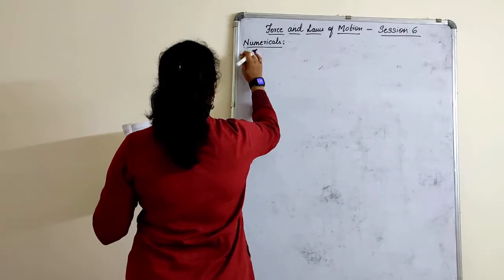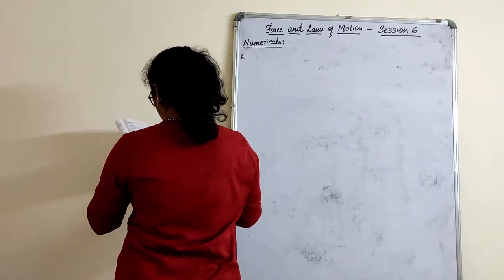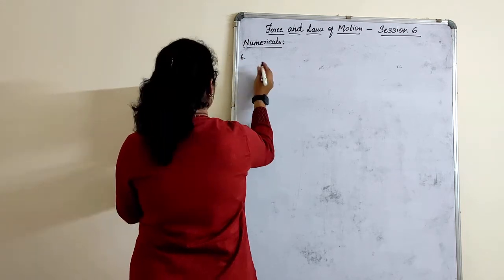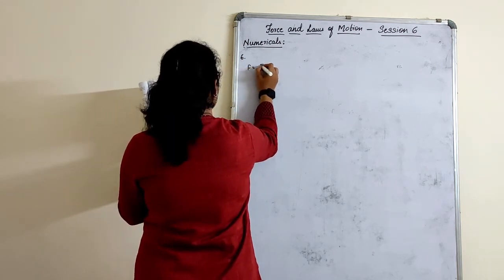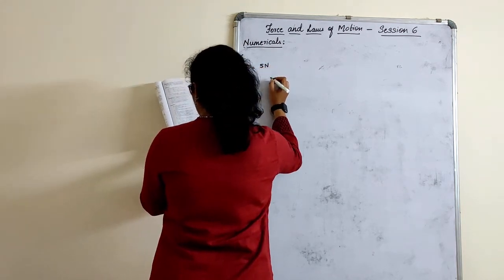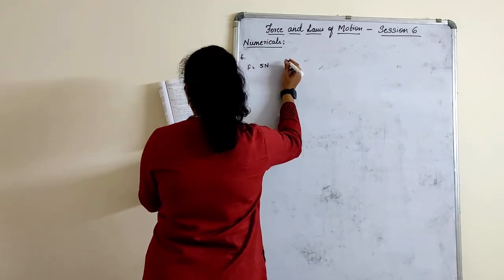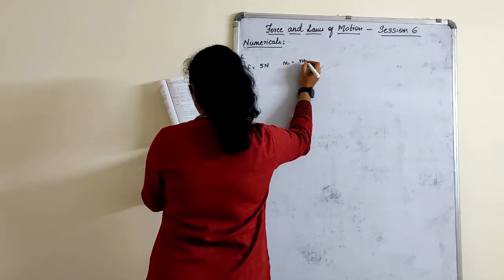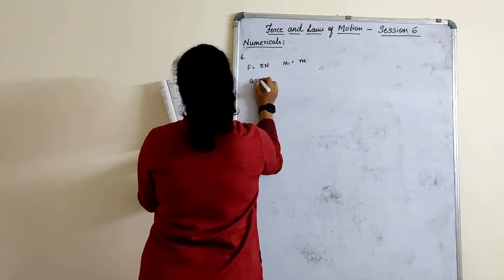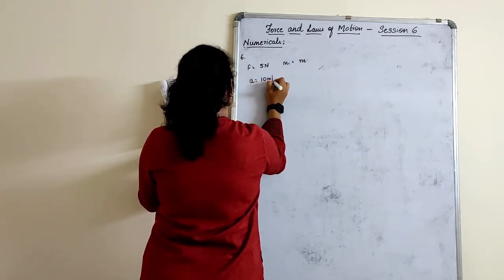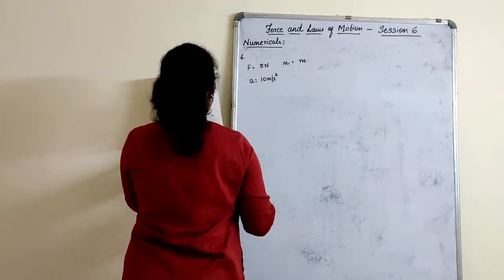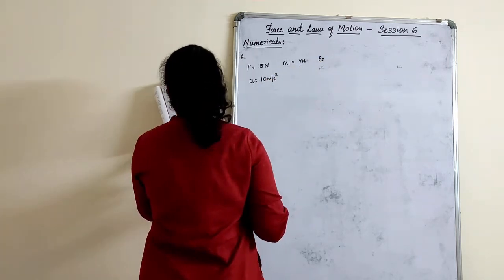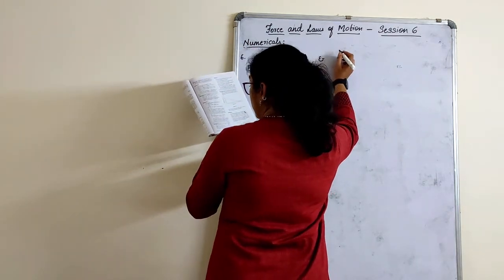Sixth one. A force of 5 Newton gives a mass m1 an acceleration a is equal to 10 meters per second square, and this is the first part, and a mass m2.